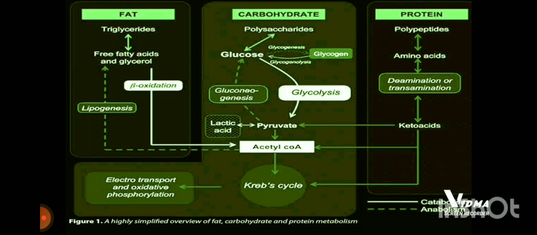For which purpose? The production of ATP. In this figure we easily understand catabolism as well as anabolism.